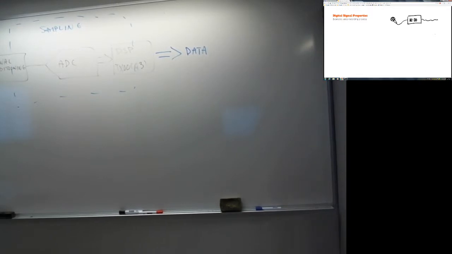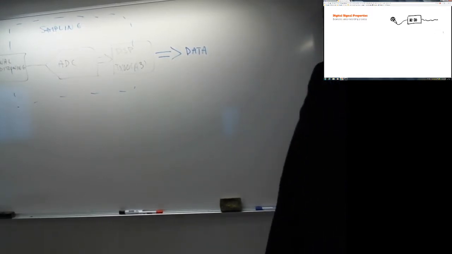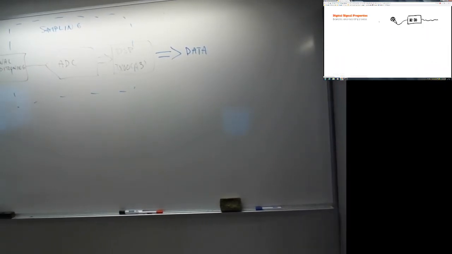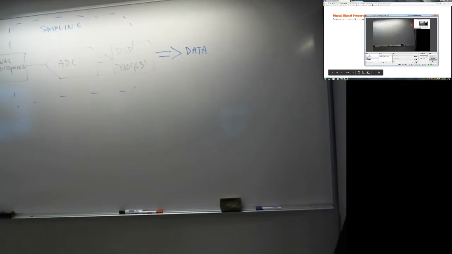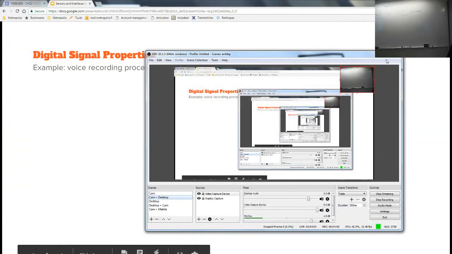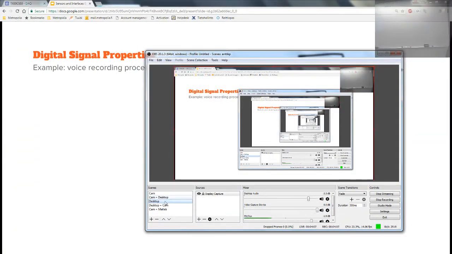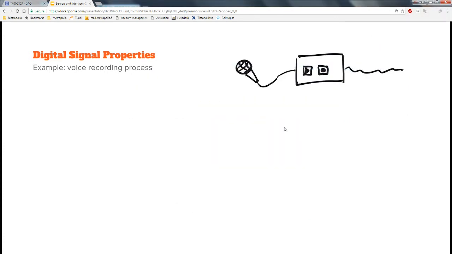Another title, and this is about the signal conditioning, what it looks like. Back to the desktop view. So for example, how a voice recorder looks like for the signal conditioning.